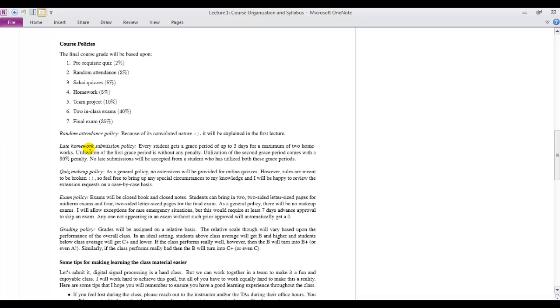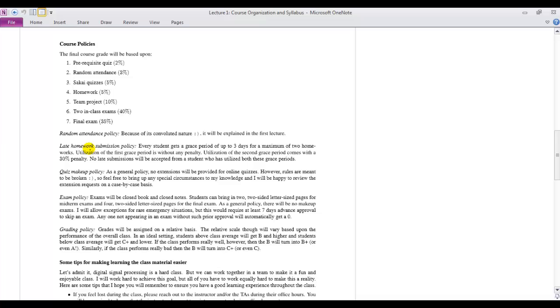You also get to have a second free pass, but that free pass comes with a 30% penalty, okay? And after that, it's end of story. So after that, if it's emergency or whatever, it's not going to work. So these are really passes for emergencies, right?